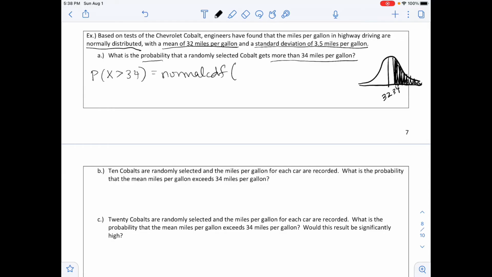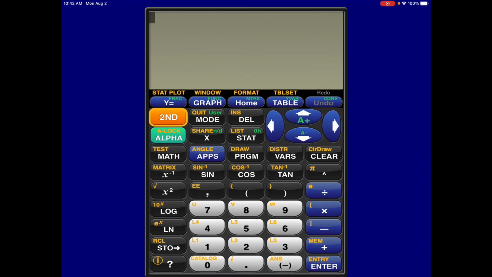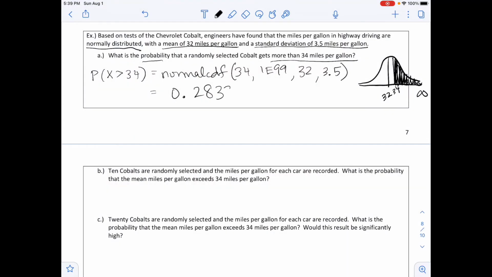Our shading starts at 34 and goes on forever to the right, which is infinity, or for us is 1E99. Mean is 32, and our standard deviation is 3.5. This is the same thing that we have done before. On the calculator, we go to second, VARS, normal CDF, lower bound is 34, upper bound is 1E99. Mean is 32, and our standard deviation is 3.5. Close your parentheses, select enter, and we get our probability. We get 0.2839.